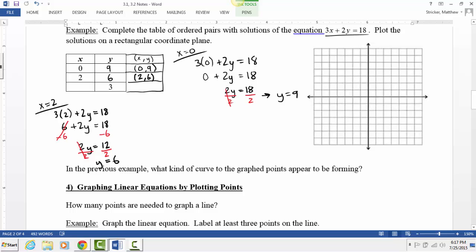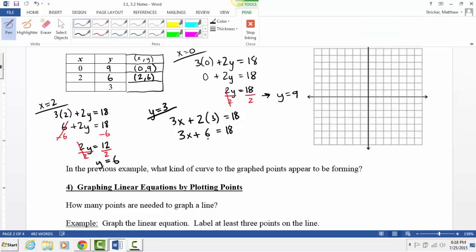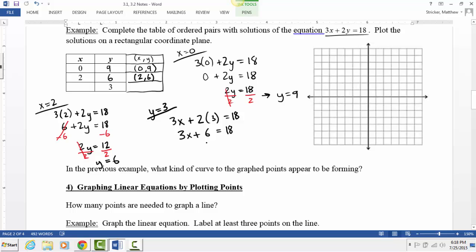And then one more, I chose y equals 3 as my last one. Now notice we're plugging in for y and not for x. So this equation is going to look like 3x plus 2 times 3 equals 18. That gives us 3x plus 6 equals 18. If we change sides, we change signs, so that becomes a negative 6.